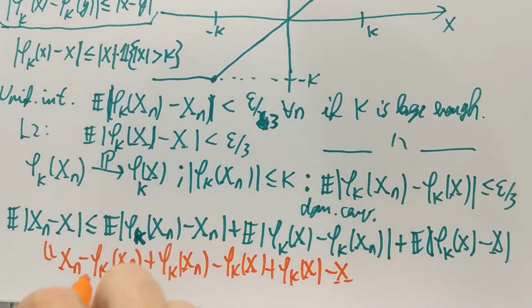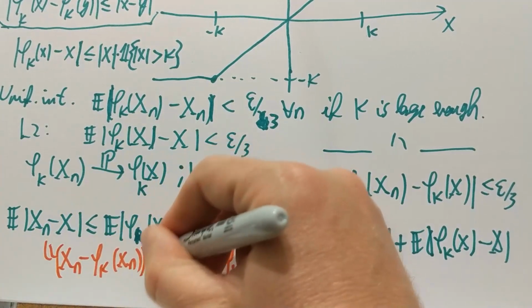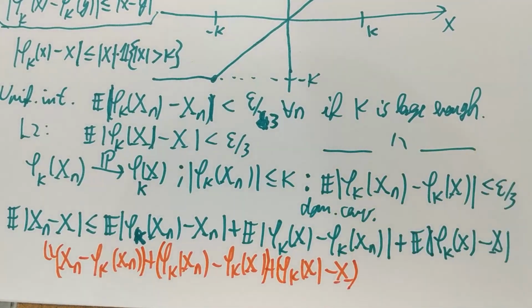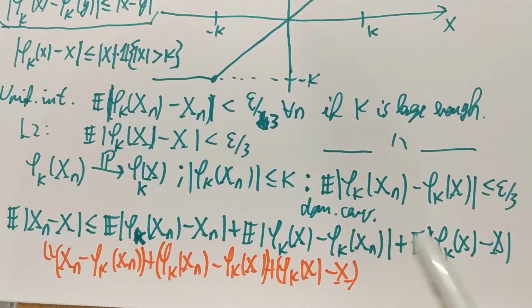Clearly I didn't do anything because I subtracted phi k of x and I added it back. I subtracted phi k of xn, I added it back. But then when I group these like that and I apply the triangle inequality on these terms, that's how I get the first term, which is this difference, the second term, which is that difference, and the third term, which is that difference at the end. Okay, so this is what's going on.